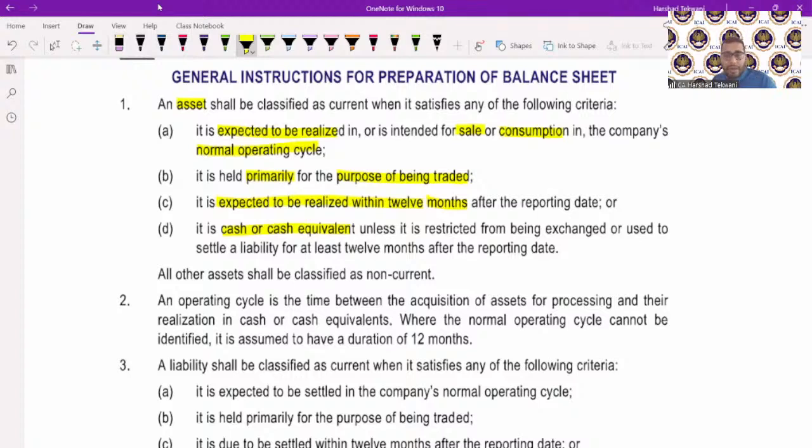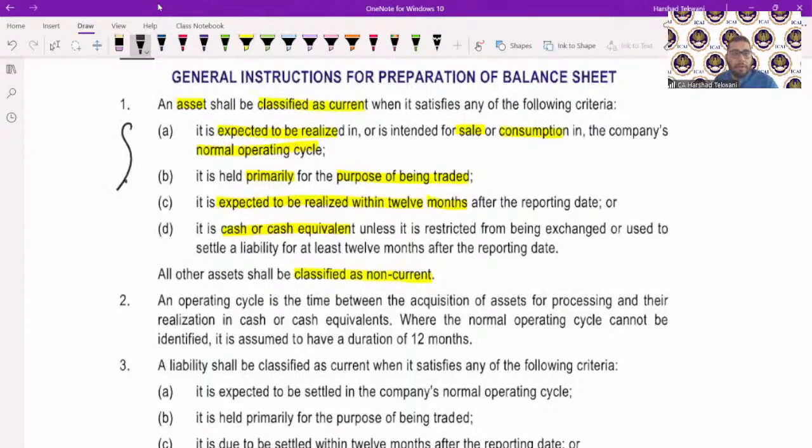So unless restricted, if it's cash and cash equivalent, then it's a current asset and will be classified as current. But if it is not classified as current, meaning any of the criteria fail, for example it is expected to be realized not in the normal operating cycle, it will take more time, or expected to be realized after 12 months, then it will be classified as non-current.